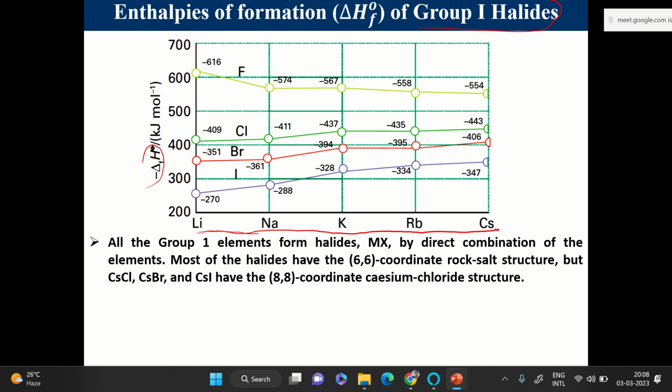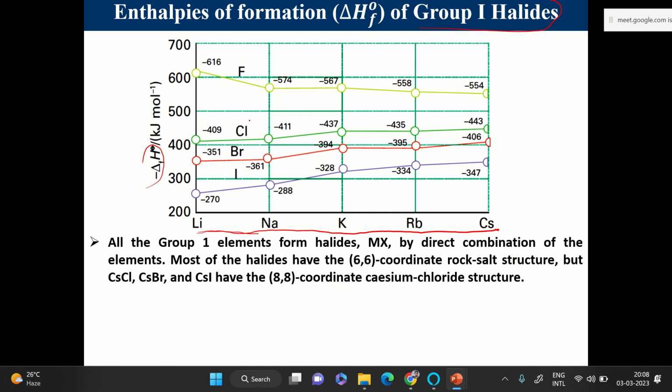What does this show? All are with negative sign. So this is the energy released during the formation of the metal halide bond. The trend here is very interesting.